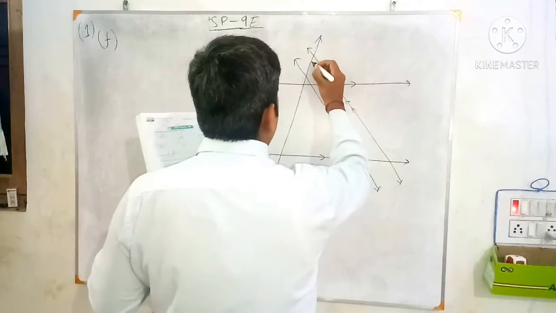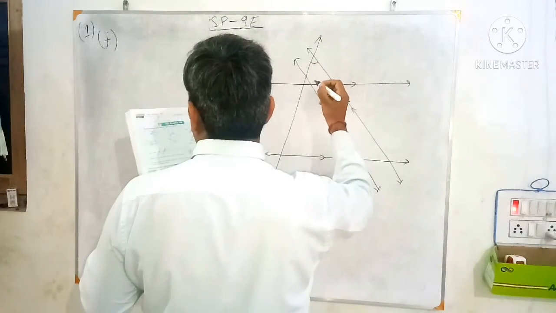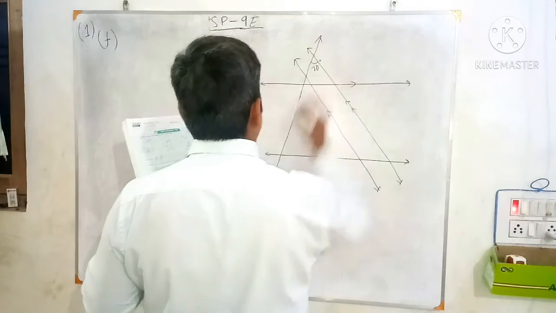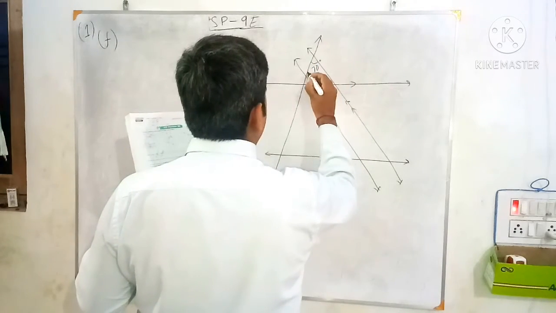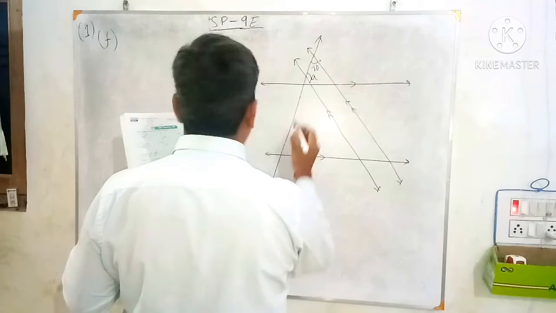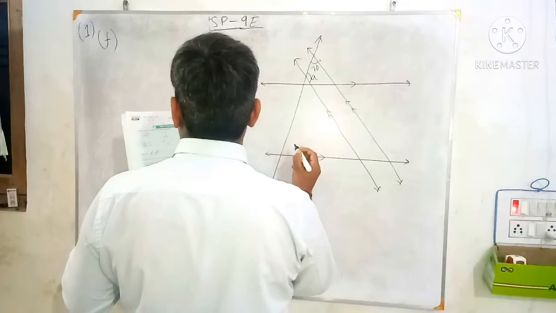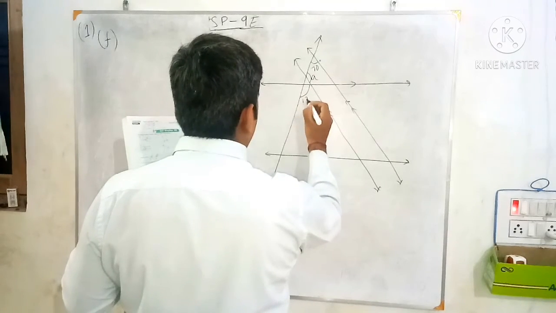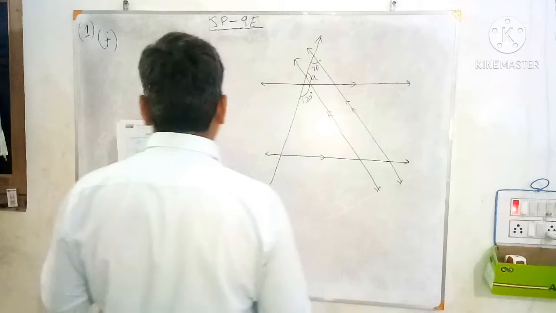Here, this angle is given 70 degree. And this angle is given A. And this angle is given 130 degree.